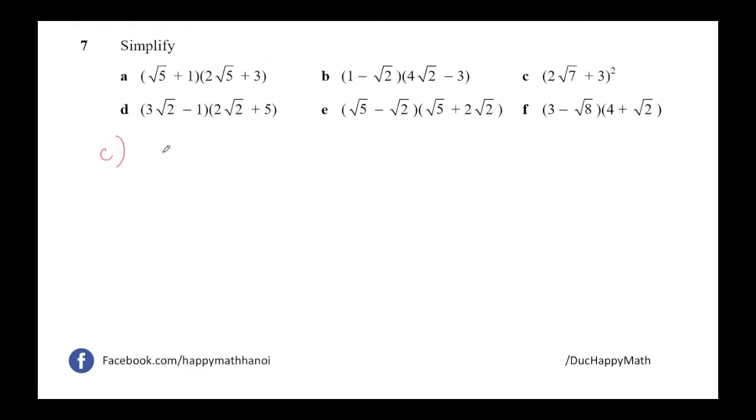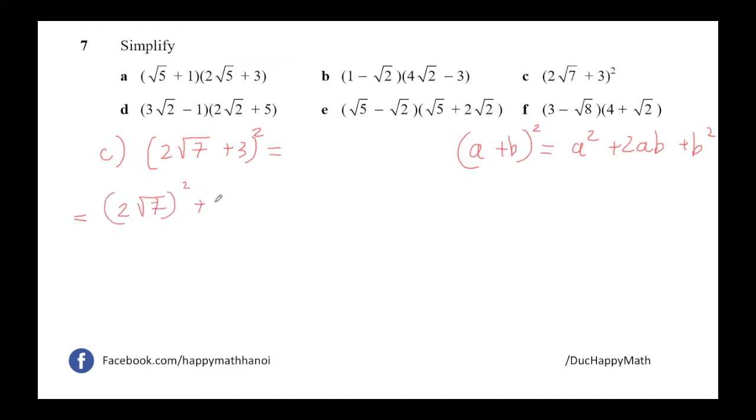Question C: 2 square root of 7 plus 3, squared. This means you can apply this formula: A squared plus 2AB plus B squared. This means 2 square root of 7 squared, plus 2AB, which means 2 times A times B, plus B squared.